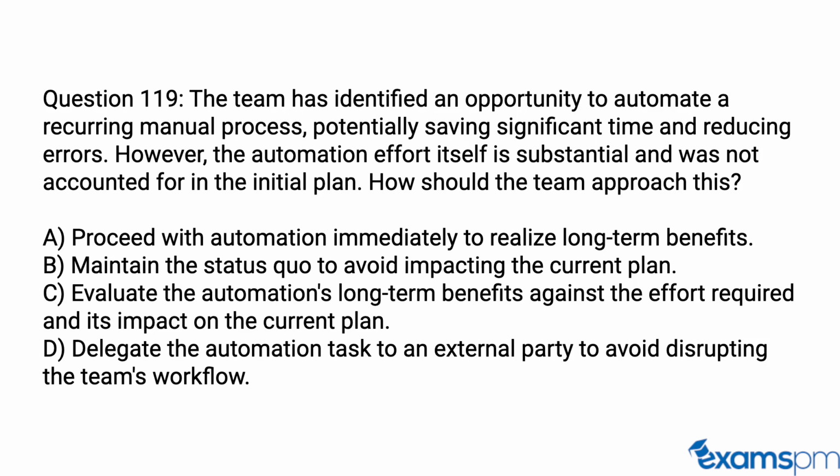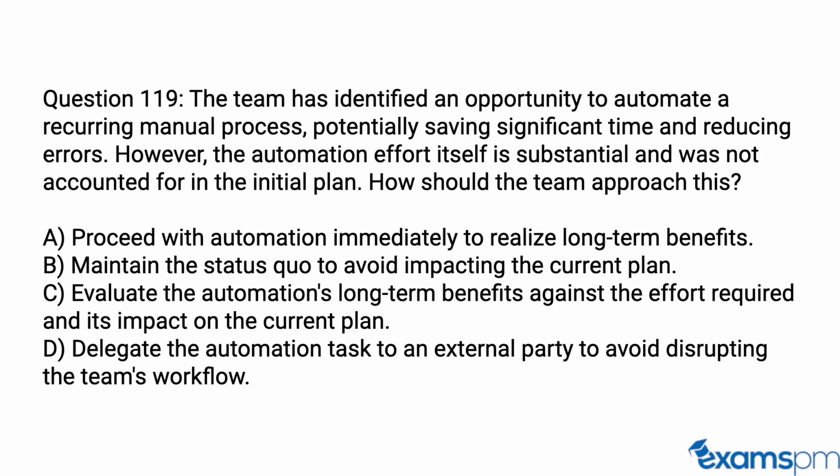Question 119. The team has identified an opportunity to automate a recurring manual process, potentially saving significant time and reducing errors. However, the automation effort itself is substantial and was not accounted for in the initial plan. How should the team approach this? A. They proceed with automation immediately to realize long-term benefits.